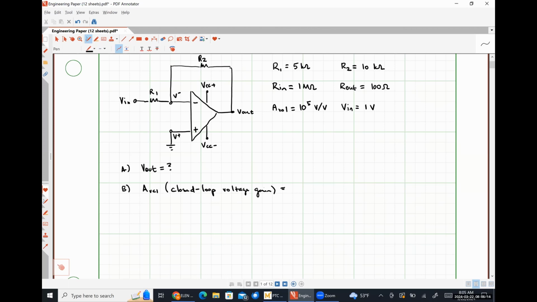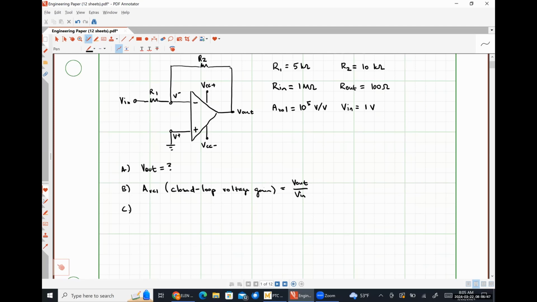So our open loop voltage gain is the voltage gain of the op amp as an open loop individual unit. And our closed loop voltage gain takes into account the feedback resistance network and all of that kind of good stuff as well. Okay. So this closed loop voltage gain is just the ratio of the output voltage of our system to the input voltage of our system.